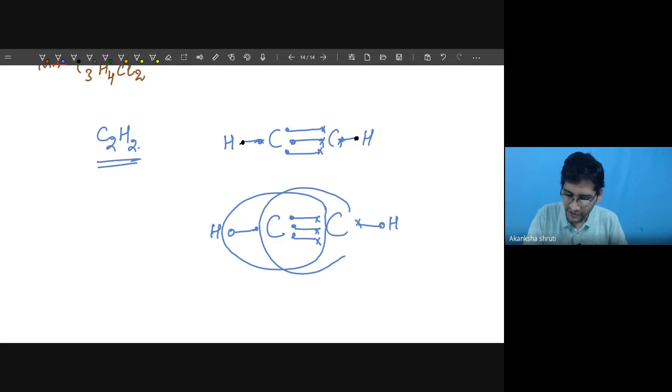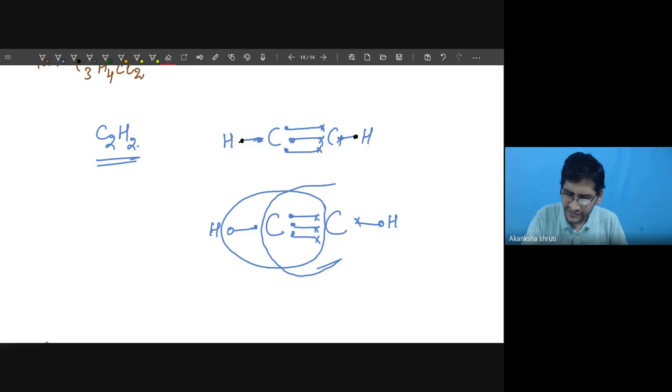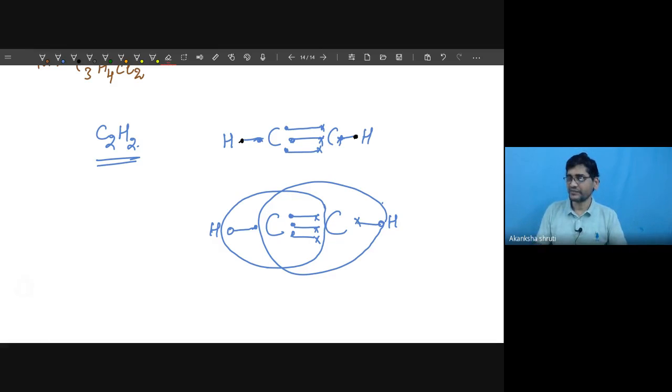Sorry, it has gone this much because this is also the electron of the carbon. So the structure is now completed. Is it okay?